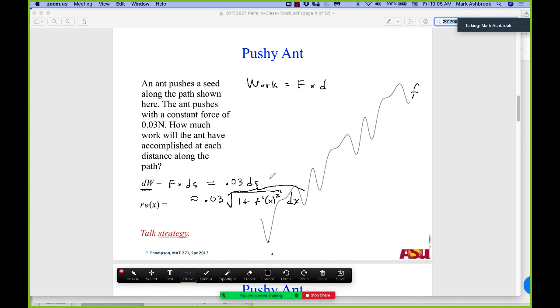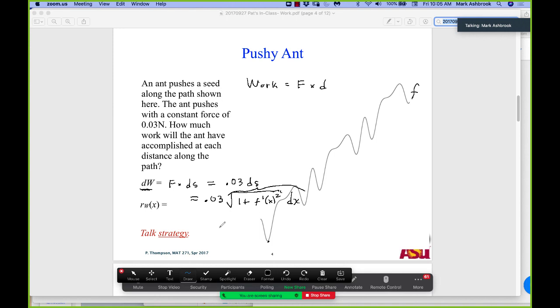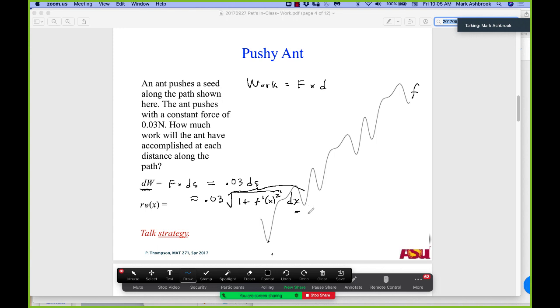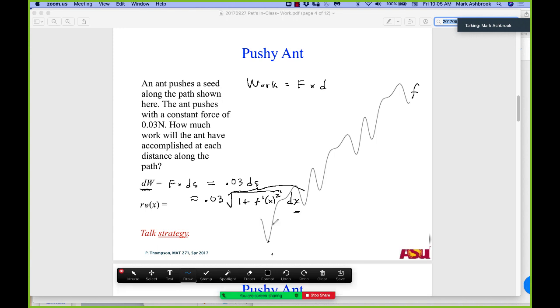Okay, so what does this do? What it does is it transforms from ds, which we need for the amount of work, because the amount of work is going to be according to the distance that the ant pushes the seed, and it makes a transformation from that arc length or distance traveled to the variable x, so that we can write the rate of change. So then what is the rate of change of work with respect to x now?